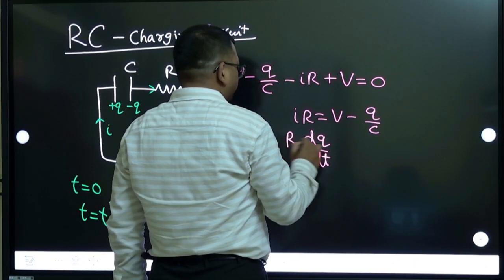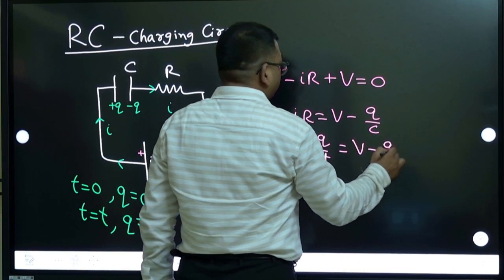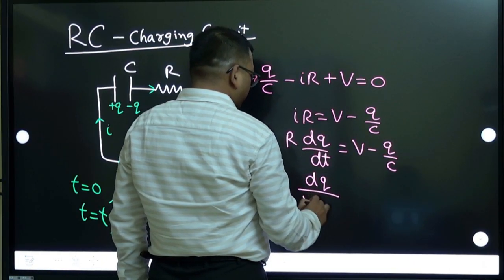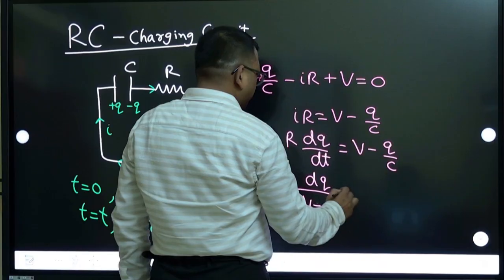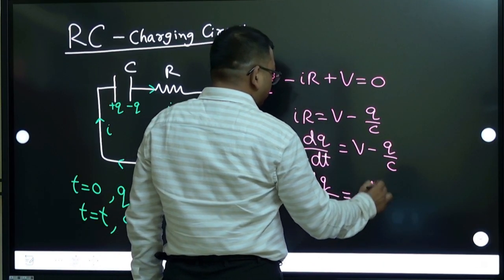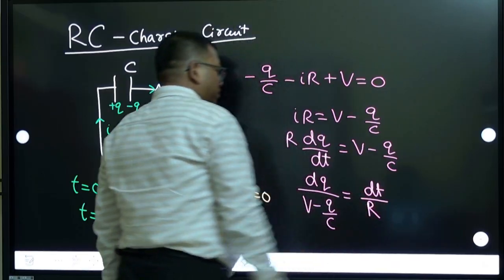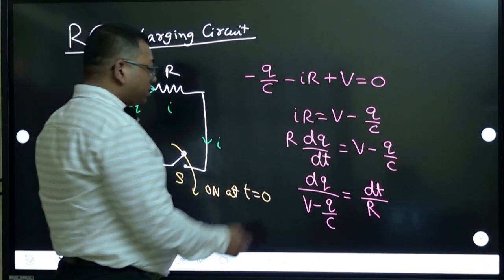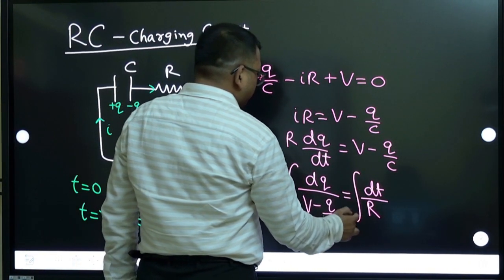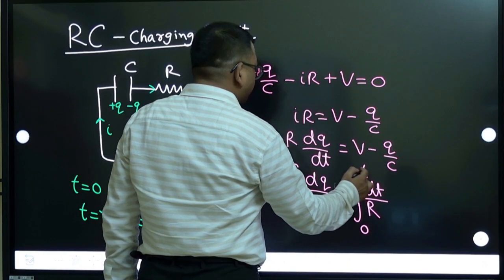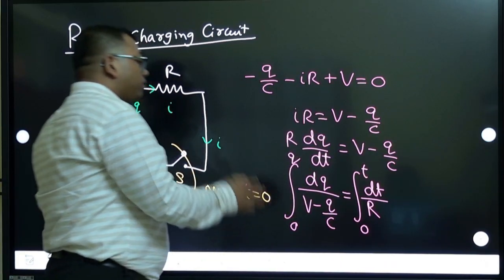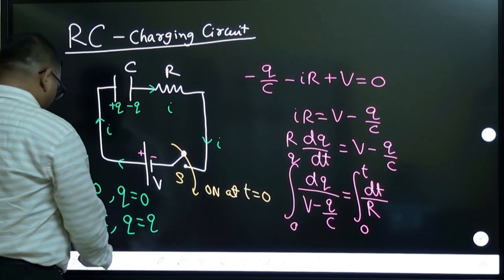So R times dq by dt is V minus Q by C. Now dq divided by V minus Q by C will be written like this, and dt divided by R will be brought this side. Okay, so after you do this, now you are going to integrate this. Time 0 to some time t, charge initially 0 to some charge q. Now you integrate this and try to solve.